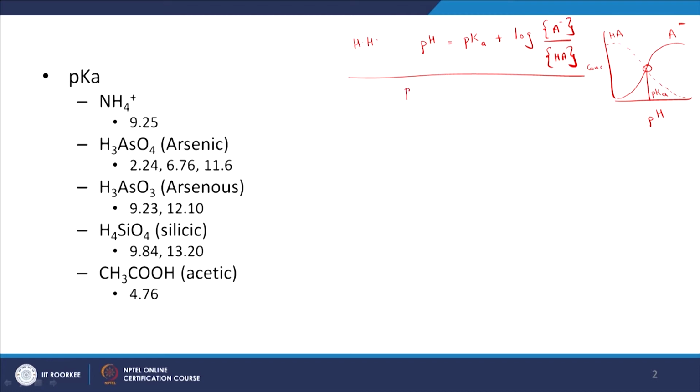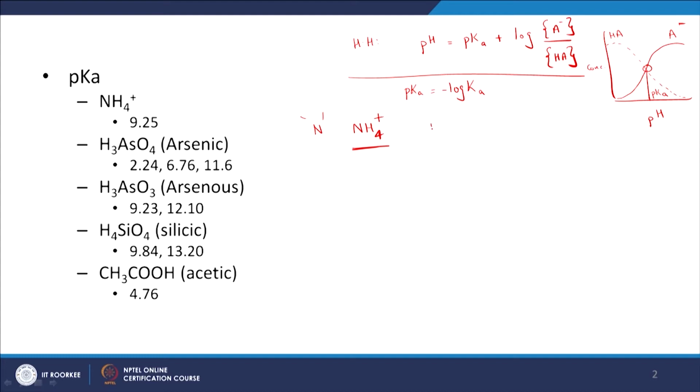And what is pKa? pKa is the negative logarithm of the acid dissociation constant, right, and this is what we discussed. I believe we also discussed examples with respect to application of nitrogen, and we saw that the farmer would be better off if he applies nitrogen in the form of ammonia. Why is that?